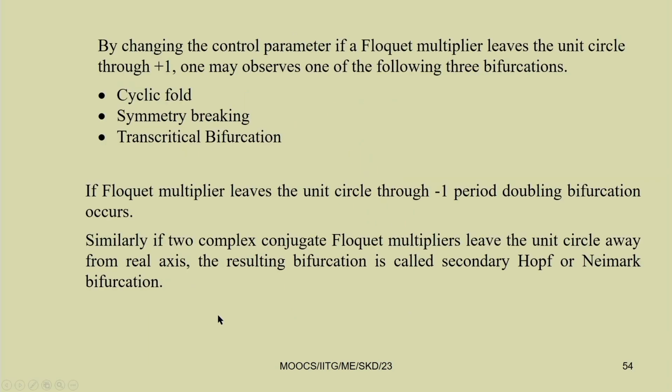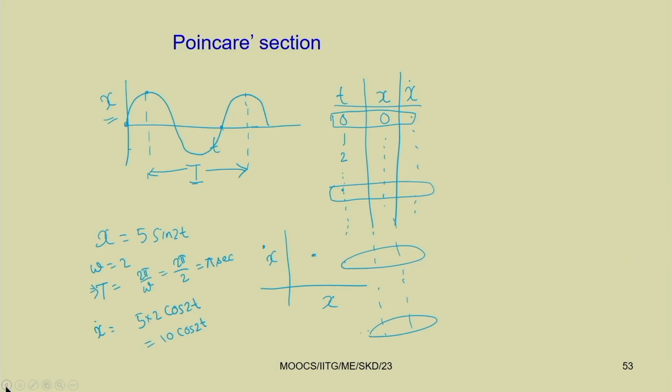That means we are finding the locus of all points at intervals of time T. So, we are replacing t by t plus T. So, again another cycle, again another cycle. That way you can go on finding.